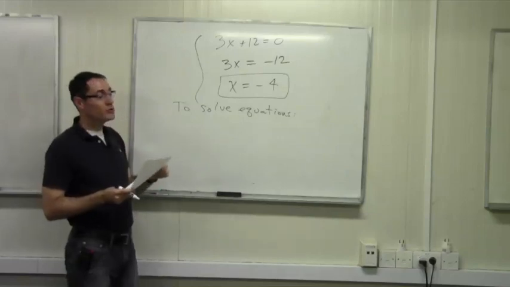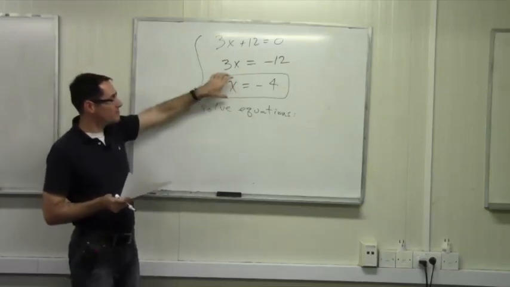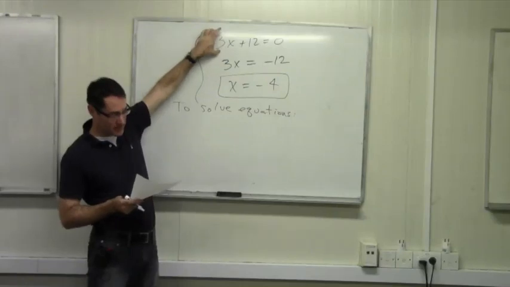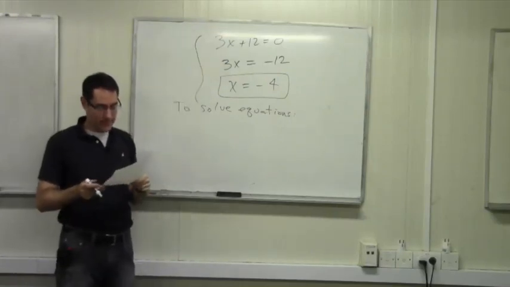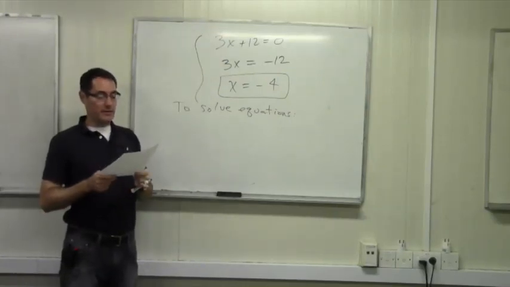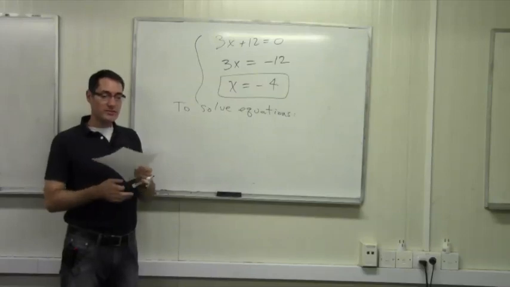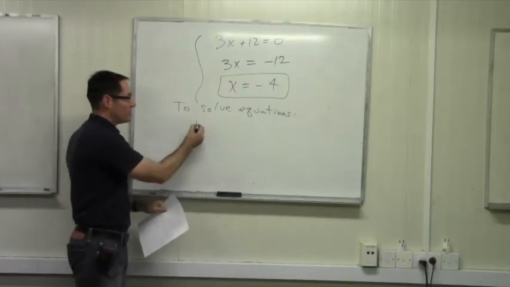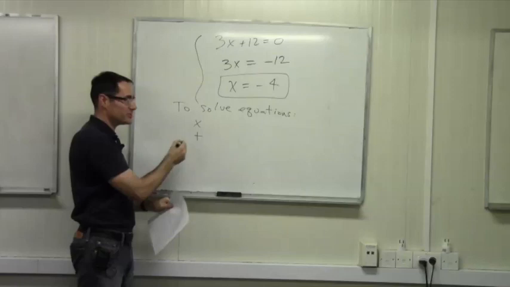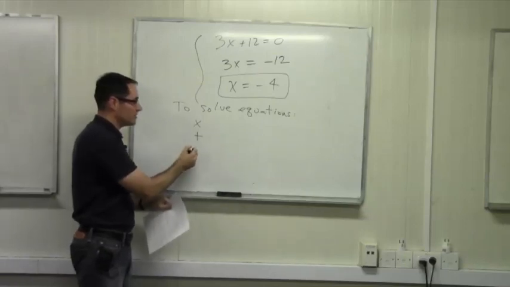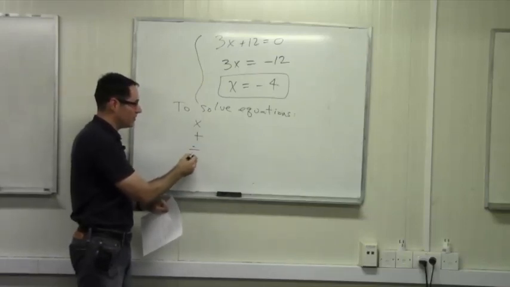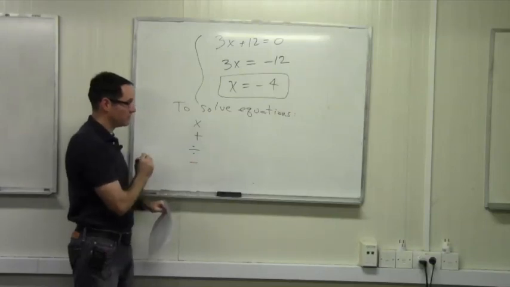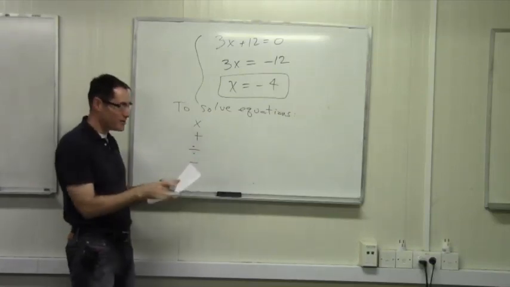And you don't change the solution. Remember, this solution set is the same as this solution set. We can do this in a number of ways: multiplication, addition, division, and subtraction as well.